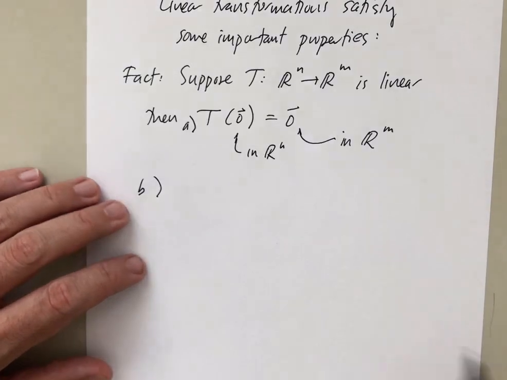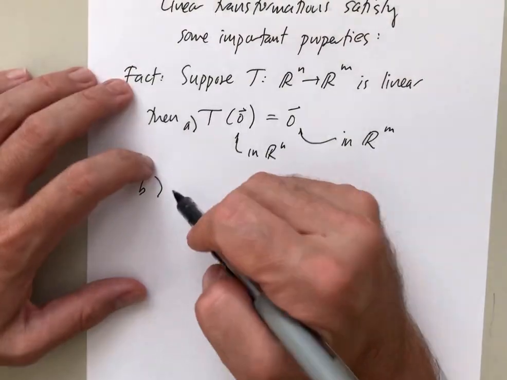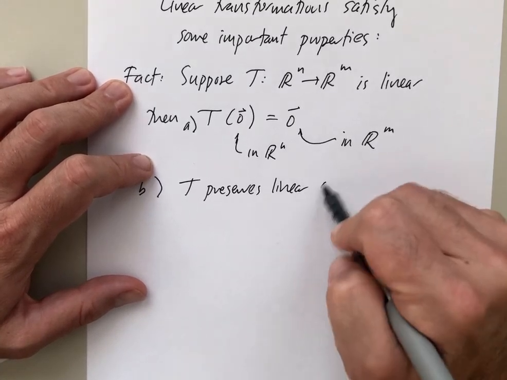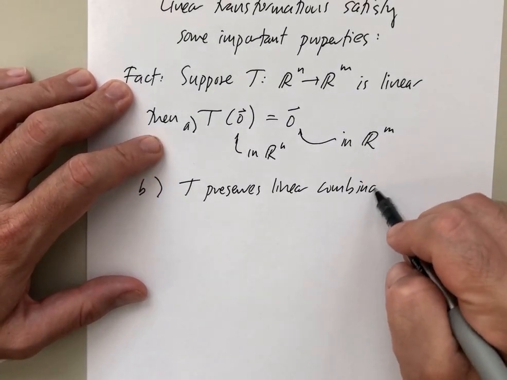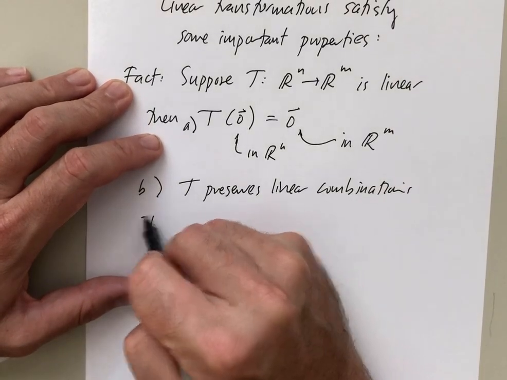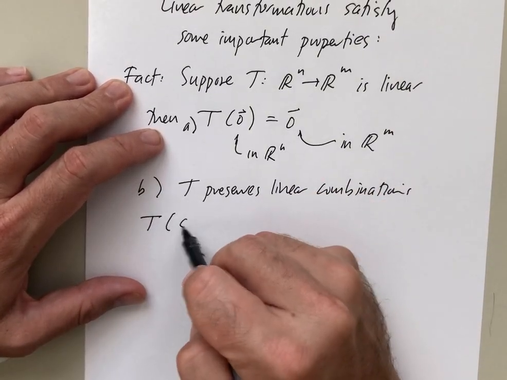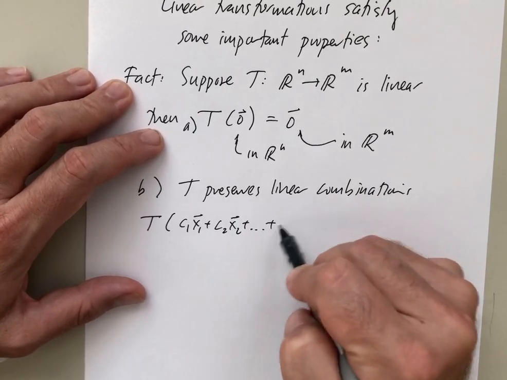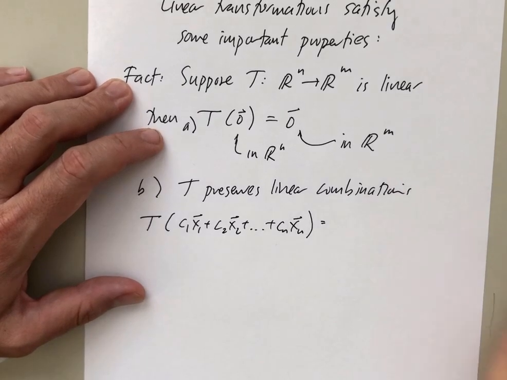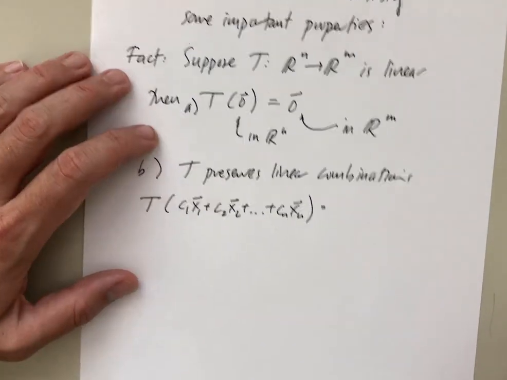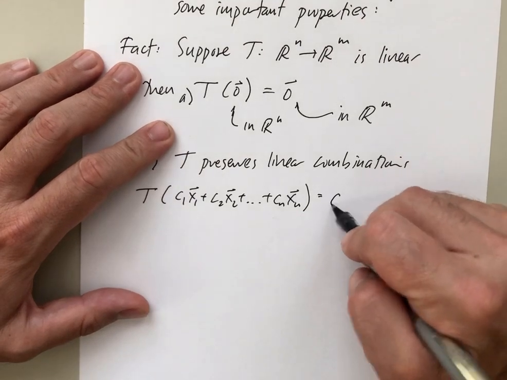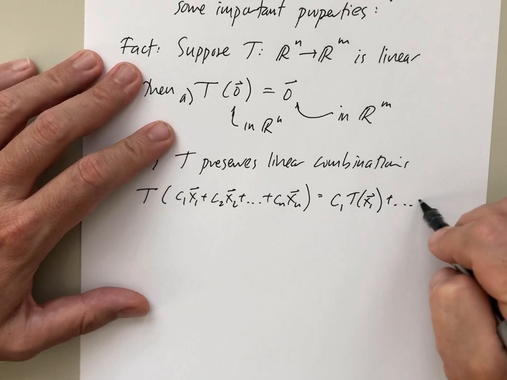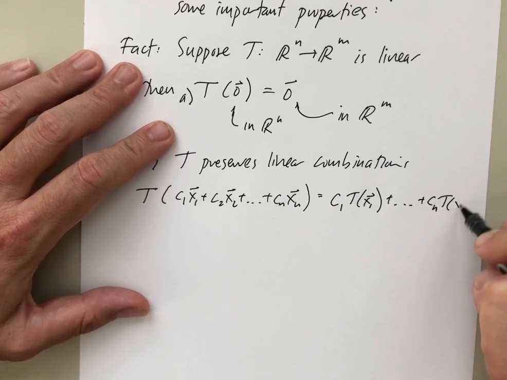And B, the other thing is that T preserves linear combinations. What do I mean by that? If I take T of a linear combination, c1 x1 plus c2 x2 plus up through cn xn, what I'll get, by basically just applying the rule of linear transformations over and over again, is c1 T of x1 plus c2 T of x2 plus up through cn T of xn.